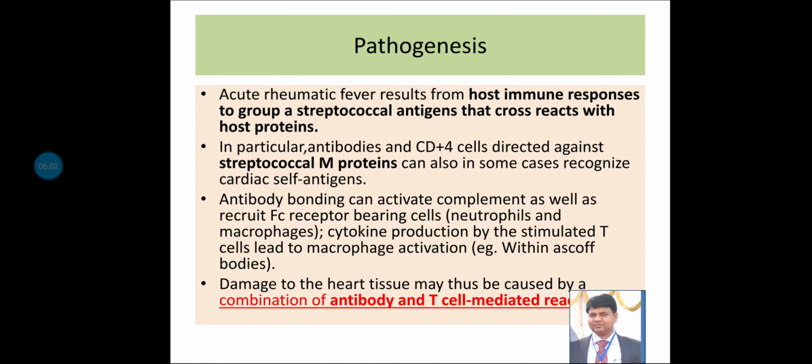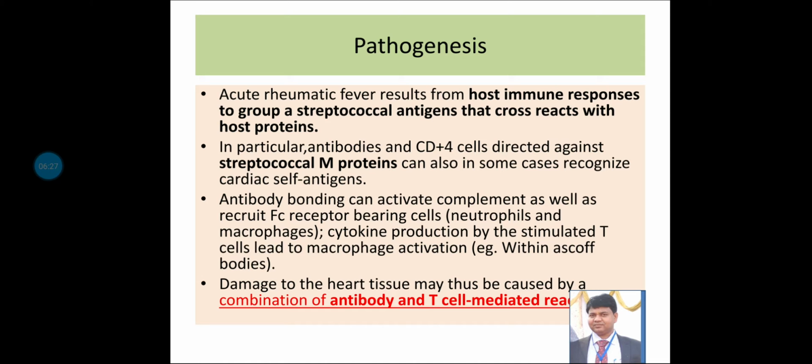The antibody binding can activate the complement system, and once the complement is activated, these complement factors, especially C5a and C3a, are chemoattractant to various inflammatory cells, especially the neutrophils and macrophages.